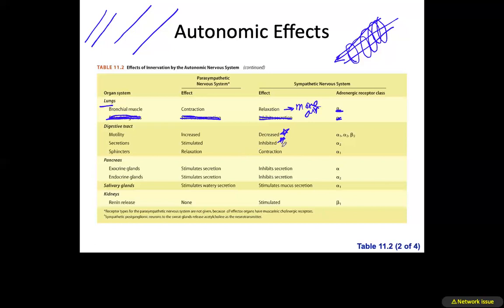You really don't care about that. And I don't want to talk about the sphincters because we really have not discussed the sphincters, so we can ignore this completely. Now, when you are dealing with the parasympathetic nervous system, logically, parasympathetic is called rest and digest, which means you're going to have significant motility for the digestive tract, and the secretion of the mucus and other components that help with the digestive process is increased.